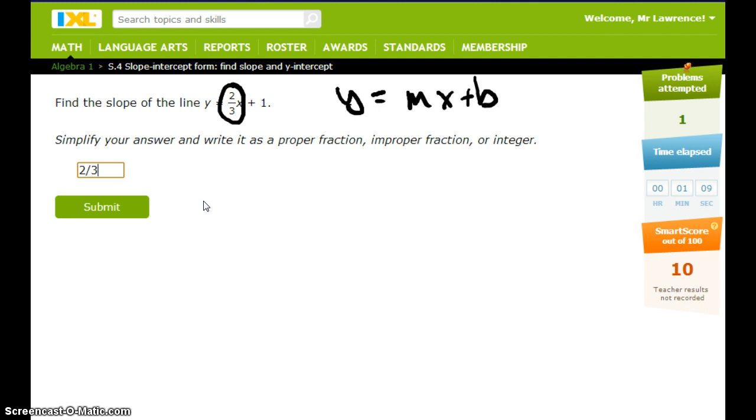And so that would be, on any graph that would start at 1, a rise of 2 and a run of 3. Rise of 2, run of 3. And we'll do a little bit more practice in a second. Let's make sure our answer is correct.